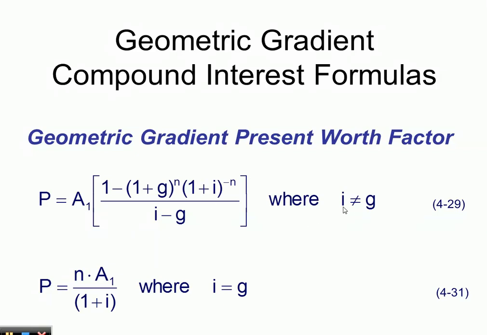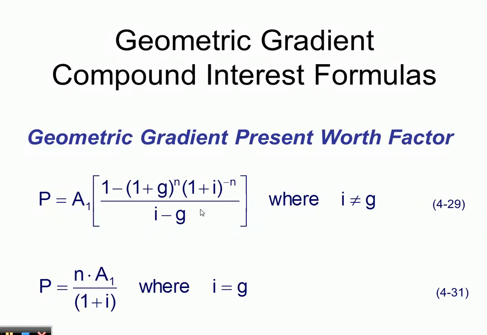So here it's important whether I equals G. If I does not equal G, if they are two different values, then this is the formula we would use. But if I equals G, then this is what we're going to have. In fact, if we try to use this formula when I equals G, we would get a 0.